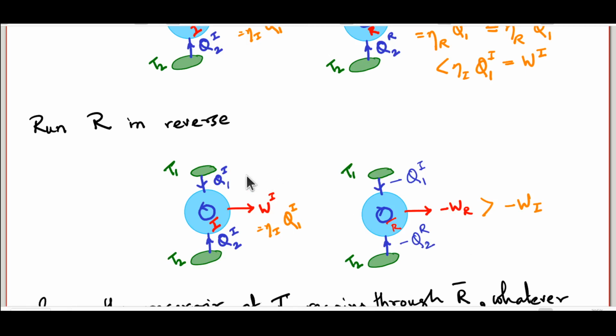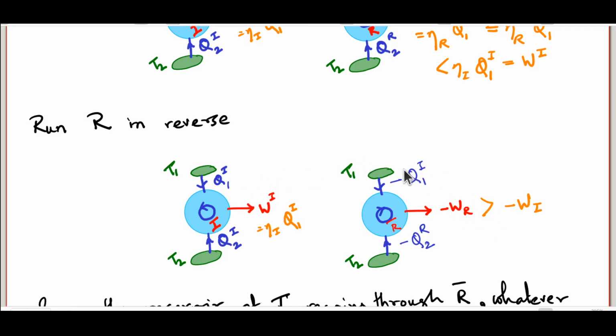Notice what has happened now is that at the end of the cycle, the working substance of I is back to its original state. So is the working substance of R bar, which is this R run in reverse. And the reservoir temperature T1 is also back to its original state because it has gained and lost exactly the same amount of energy to these two engines.